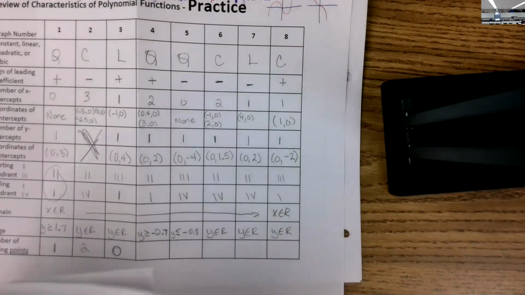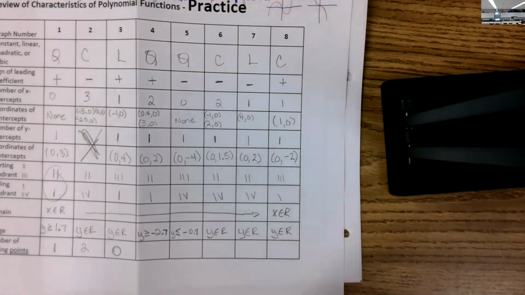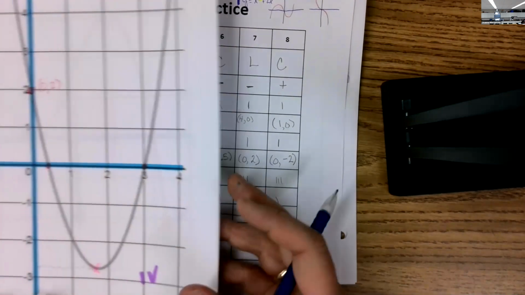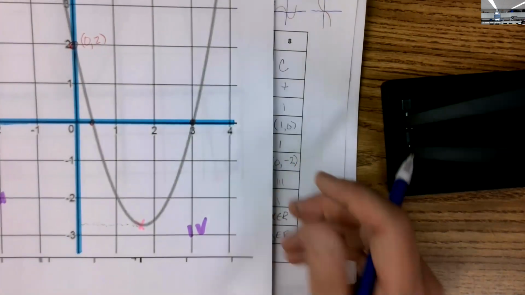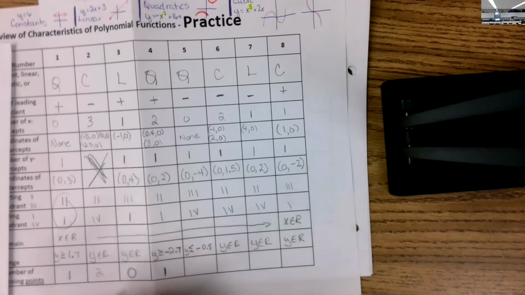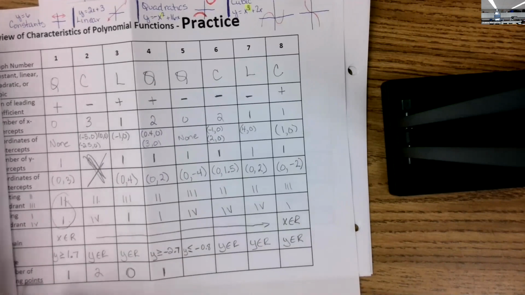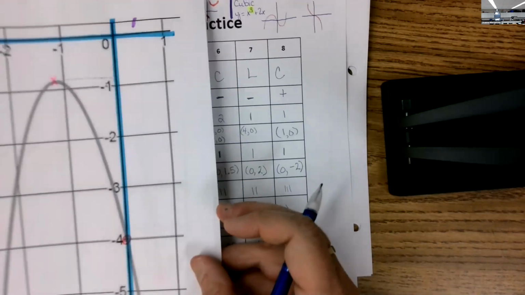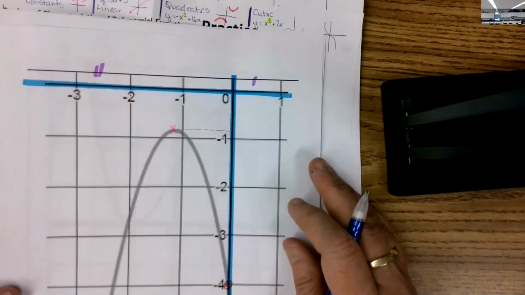But I don't want to depend on my graph to do this. All right, Sammy, graph number 4. 1. Changes direction at that minimum. Jose, take a look at this graph.